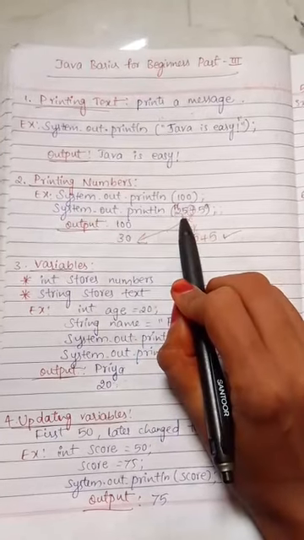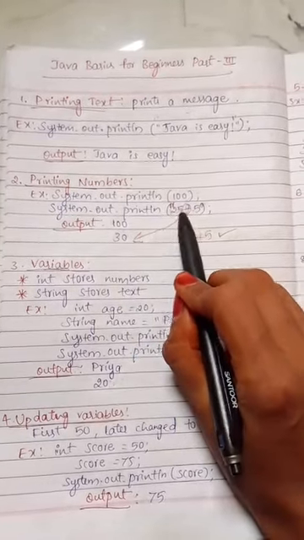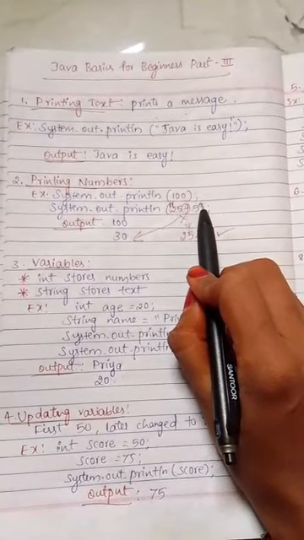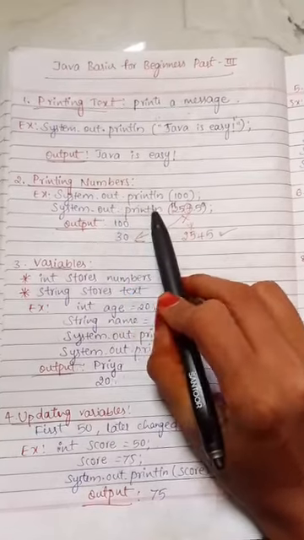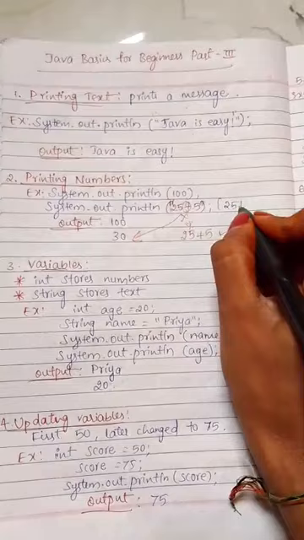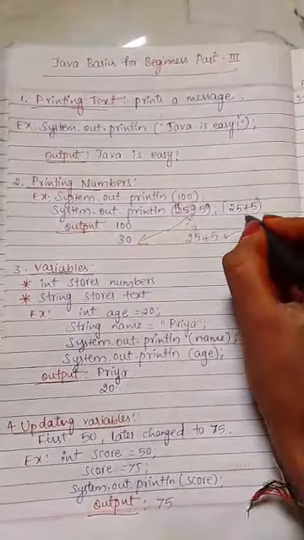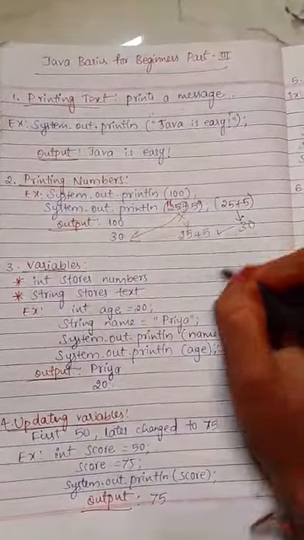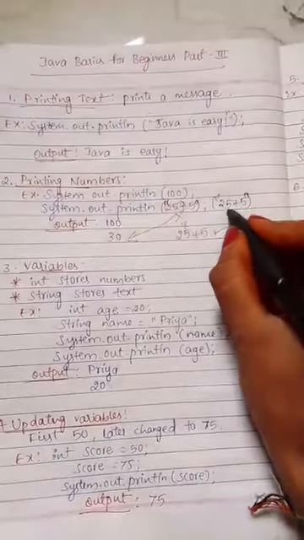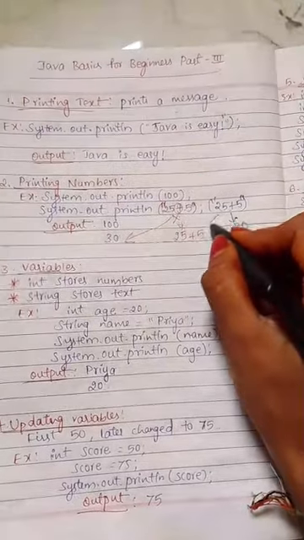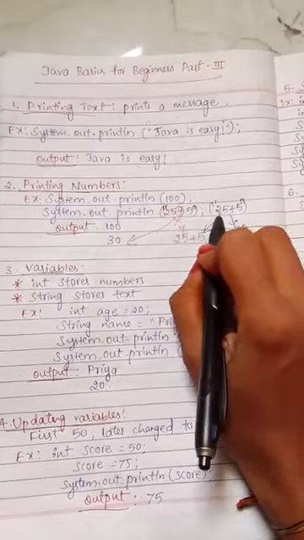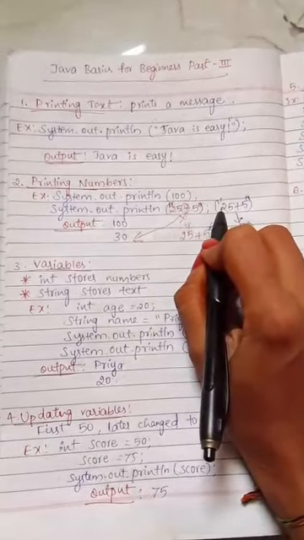If I want addition to happen, I shouldn't add these marks. Got it? System.out.println, if I take 25 plus 5, it will give 30 as the result. If I add these marks, it will print 25 plus 5 as it is. Got it? This is a very confusing part. Be very careful about it.